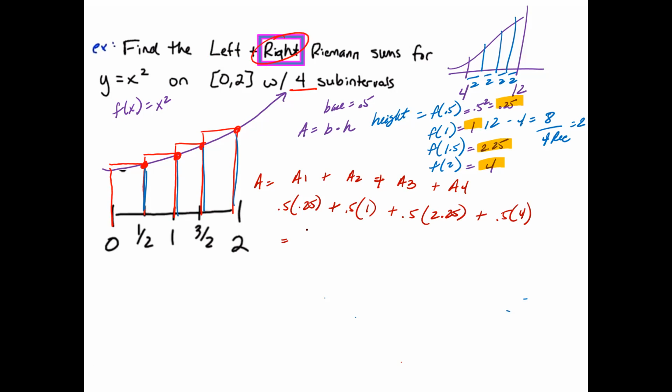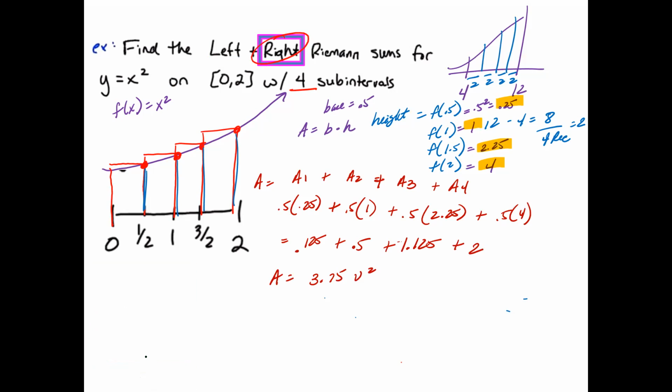So as I look at this, I'm going to have 0.5 times 0.25, which is 0.125, plus 0.5 plus 1.125 plus 2. And if you add everything together, you should have 3.75 units squared.